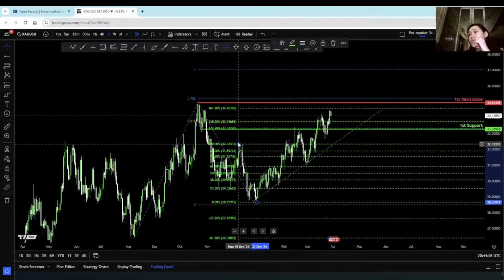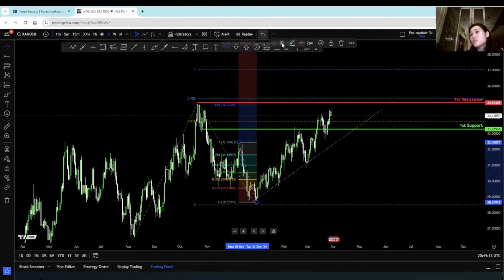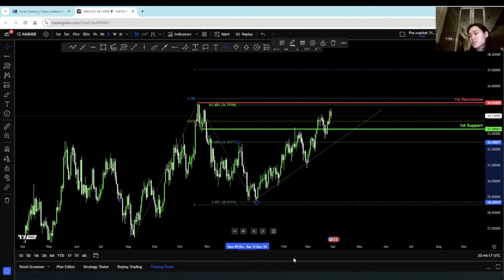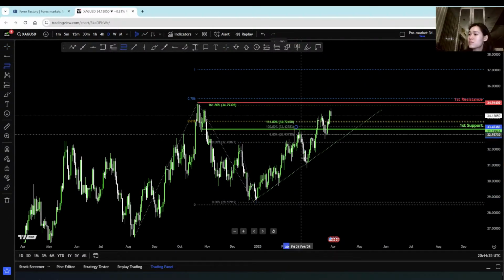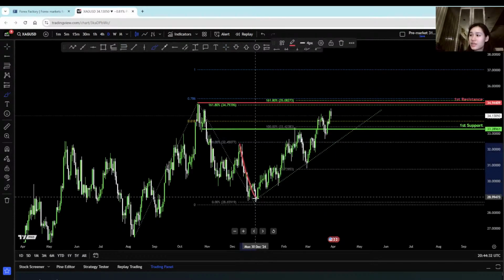Okay, that 161 does line up with our first resistance. 161 as well. So again, for these, I'm using the Nike tick method.